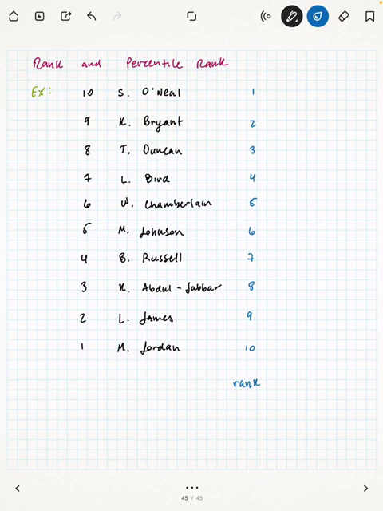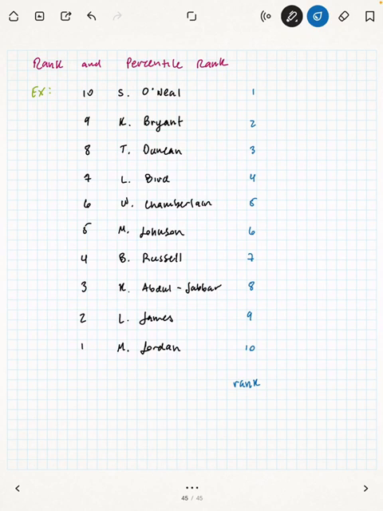And rank is really helpful because now we can think about, okay, what does it mean to be above all the other players, right? So the 7th ranked player in this list would be Bill Russell.